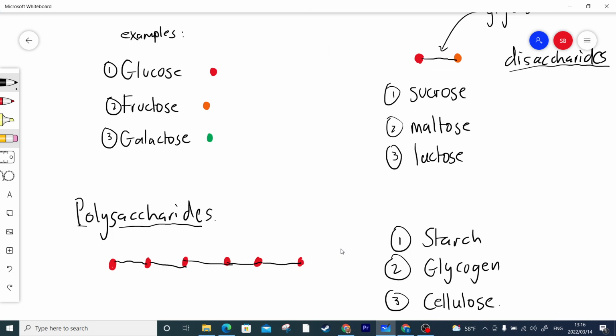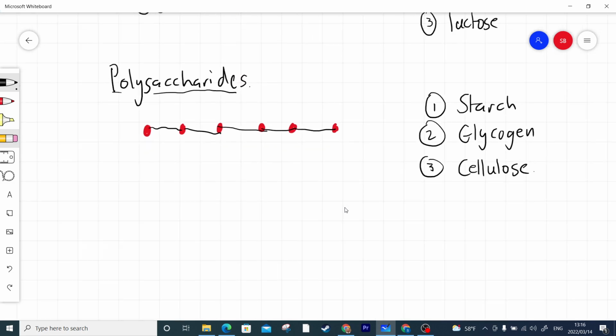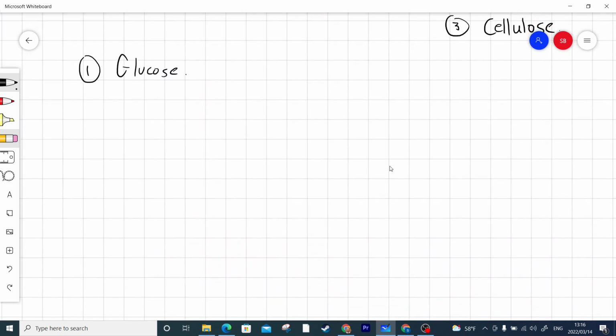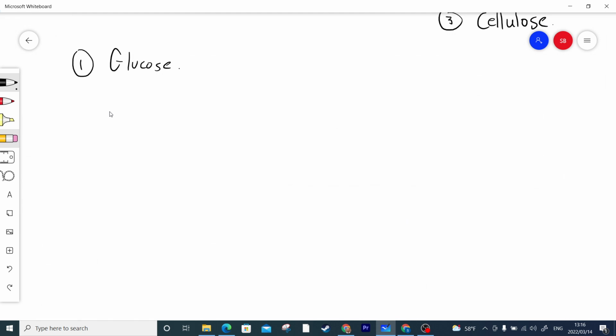Okay, so let's go into the basics of a few of these molecules. Let's take, for example, a glucose. The basic structure of glucose. This is how I do it. I know that it has the formula C6H12O6, one of those nasty things that you're just going to have to go and remember. It's not too bad.